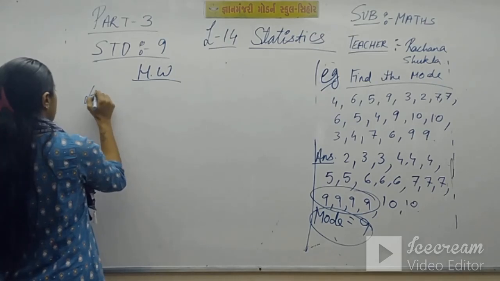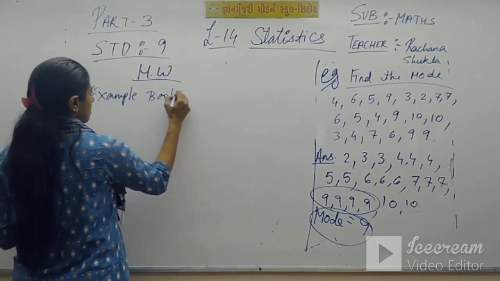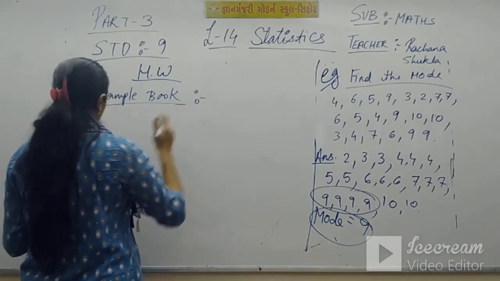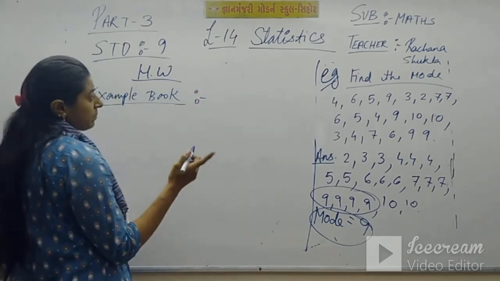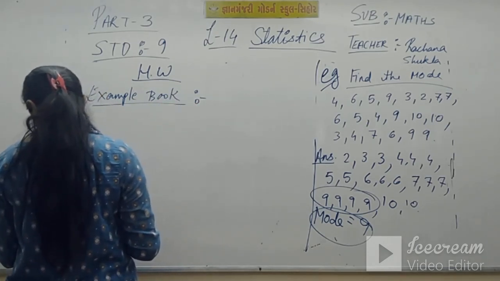Homework, example book, that is for all examples. After probability, you will continue this chapter, lesson number 14.